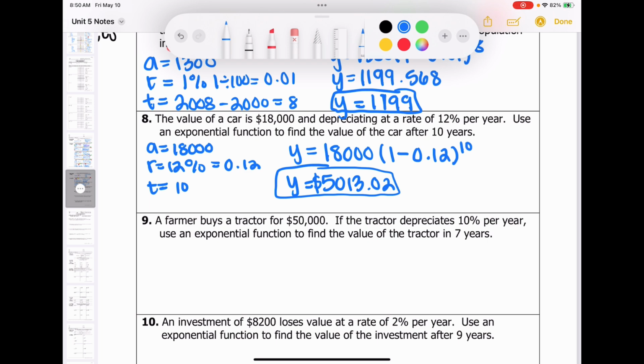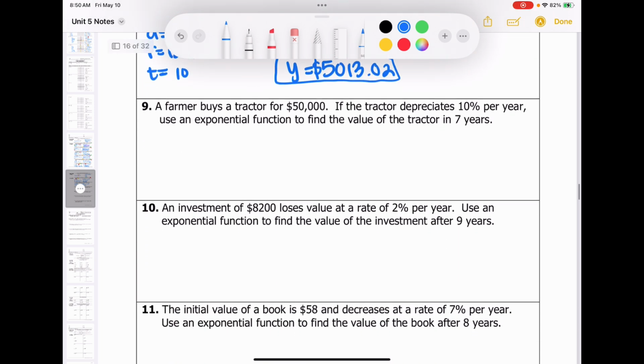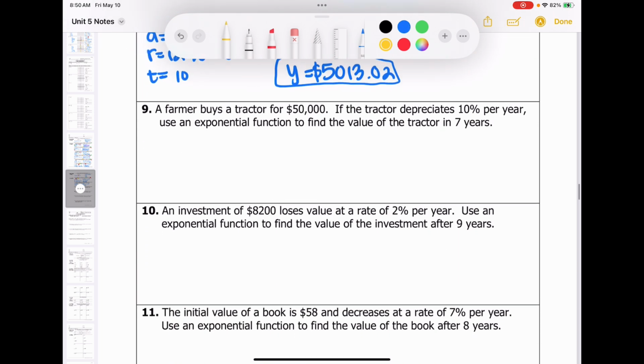All right, number 9, a farmer buys a tractor for $50,000. If the tractor depreciates at a rate of 10%, we want to find the value of the tractor after 7 years. So A is 50,000, R is 10%, which is 0.10, and then T is 7.